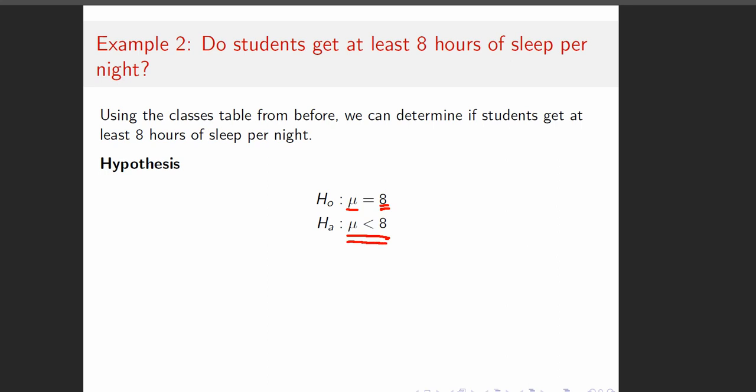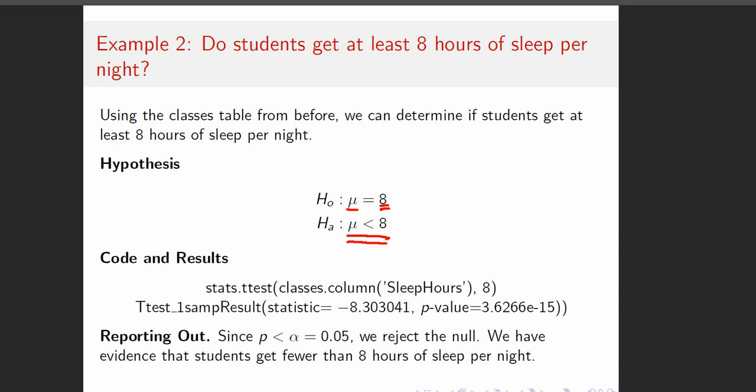Why? Because we're testing the alternative specifically, hey, do they get less than 8? Because if we don't reject the null, we'll have evidence that they get at least 8 hours of sleep per night. Okay, so we will test this hypothesis, and I just want you to notice it's the same thing. We're going to run just t-test.